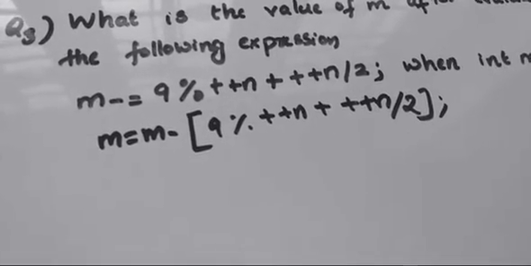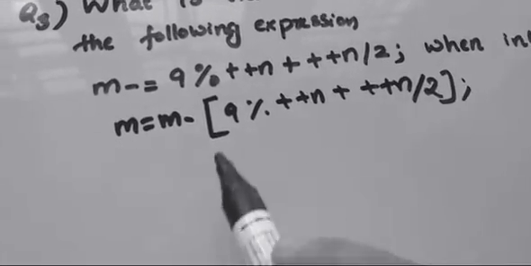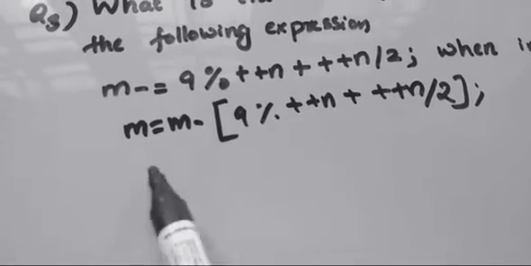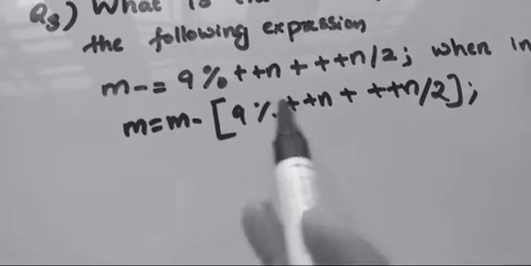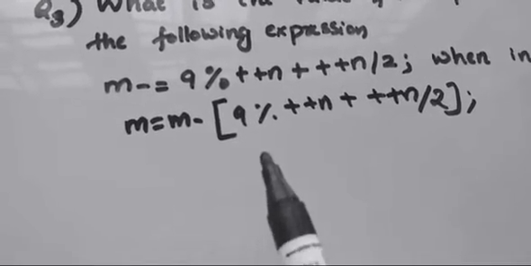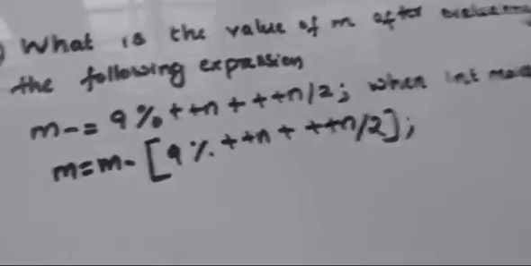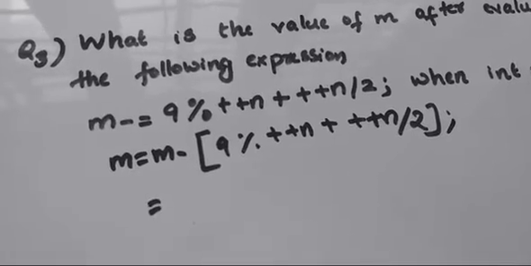Okay, now after that we are substituting. When an expression like this comes, you first expand it like this. Don't substitute the values at the initial stage itself. Next we are going to substitute our values in this expression. What is the value of m?